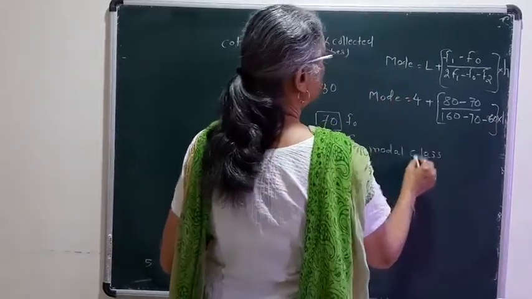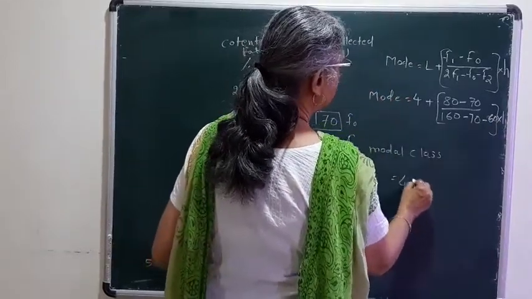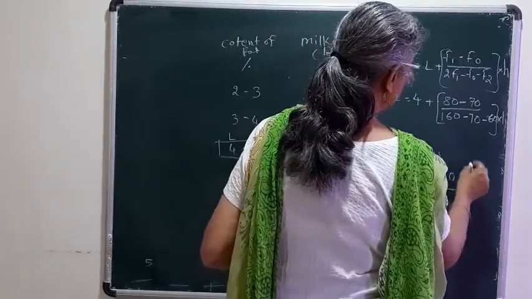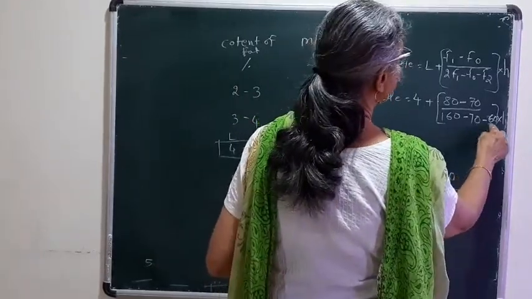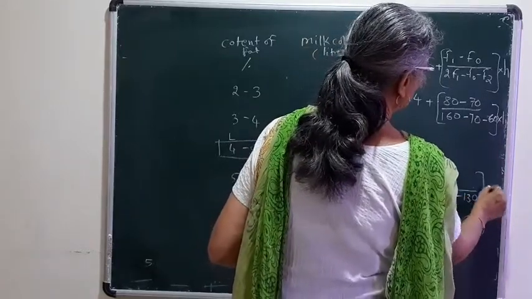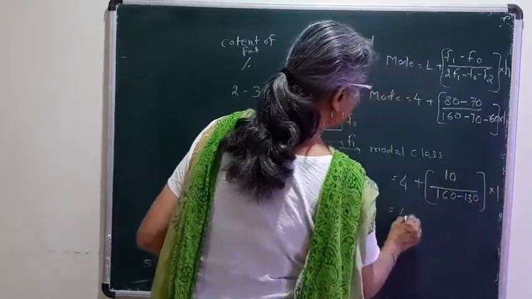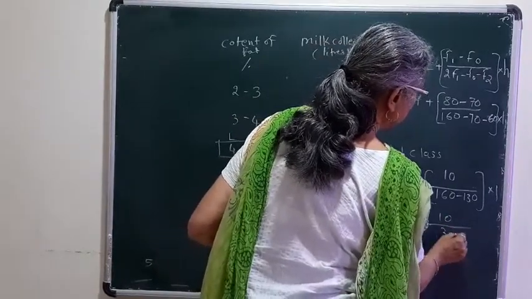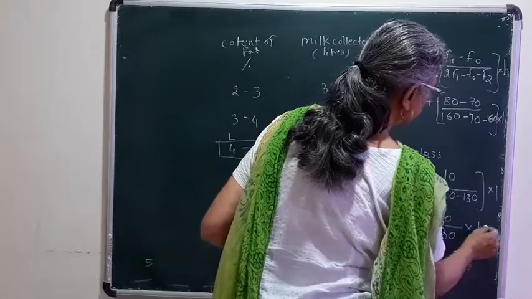So the answer is here 4 plus 80 minus 70 is 10 upon 160 minus 130 into 1. So 4 plus 10 upon 30 into 1.